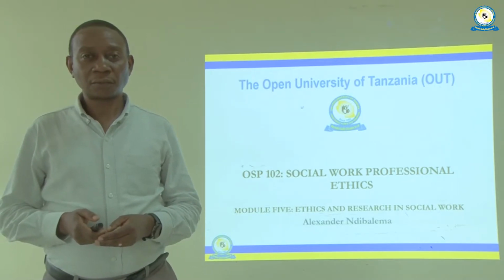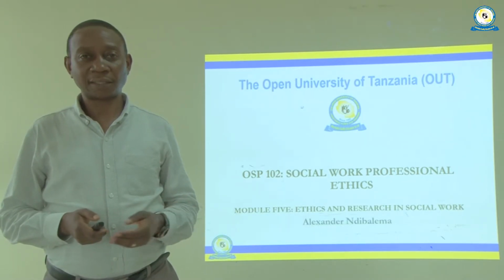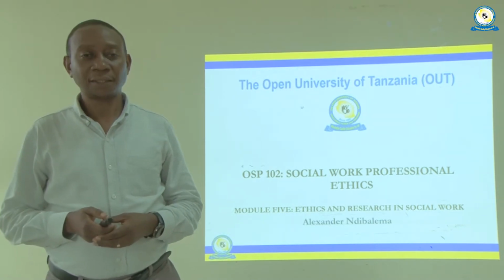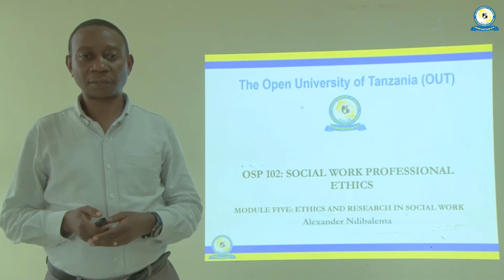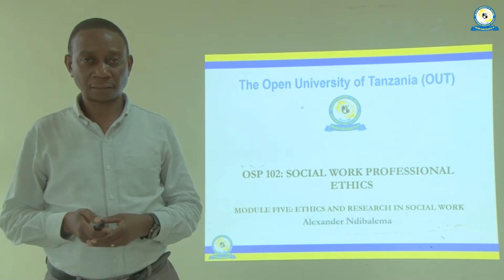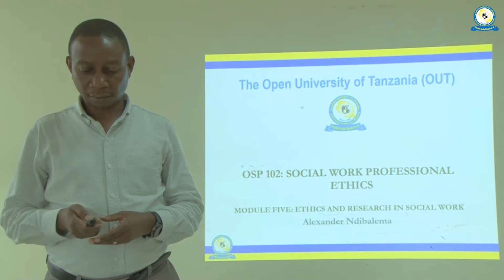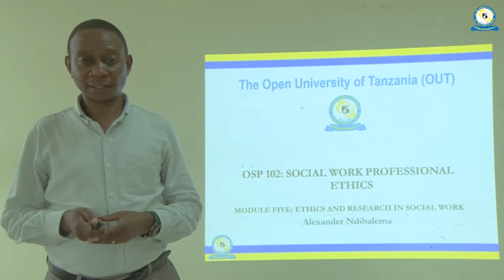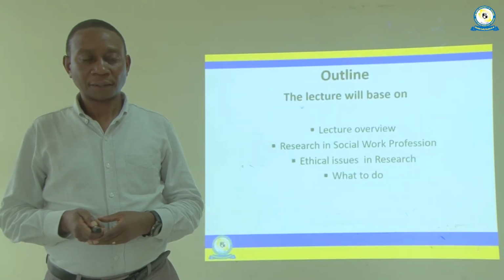For those who have been together in the previous sessions, let's proceed with Module 5 in this Social Professional Ethics subject. Today we look into ethics and research in social work.